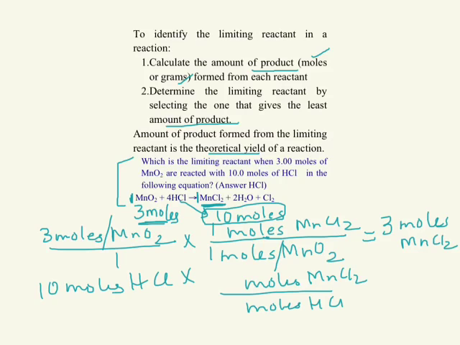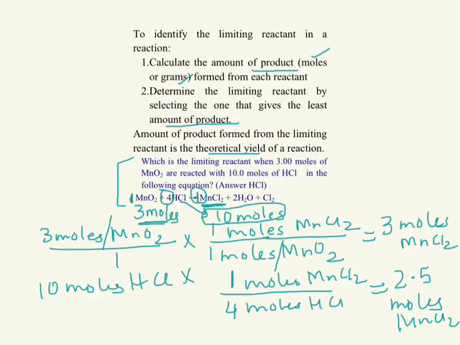You compare with the same product, and we have 4 moles of HCl producing 1 mole of manganese chloride. We have 4 in front of HCl and 1 in front of this. And what is 10 divided by 4? 2.5 moles of manganese chloride.